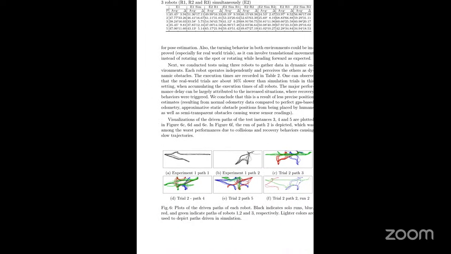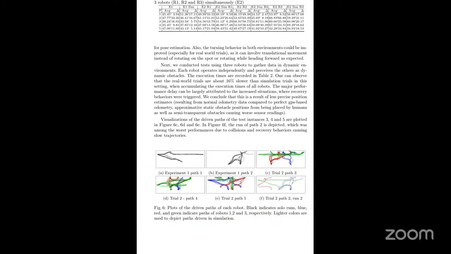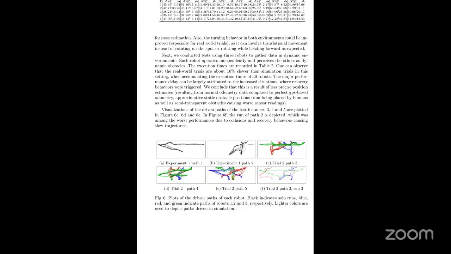Figure number 6 is showing the path of the robot. 6A is experiment 1, path 1, then 6B is experiment 1, path 2, and 6C is trial 2, path 3.